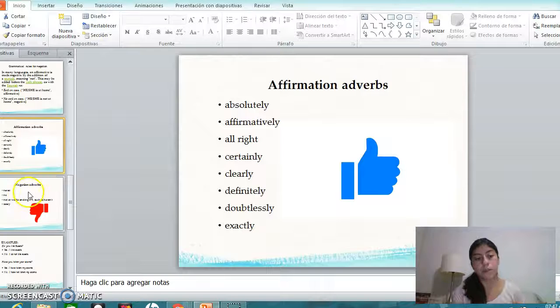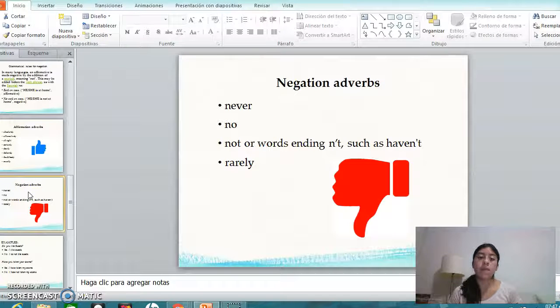Moving on to negation adverbs. It's never, no, not, or words ending in n't, such as haven't, didn't, don't, wouldn't, etc., or rarely. These are the negation adverbs, okay?